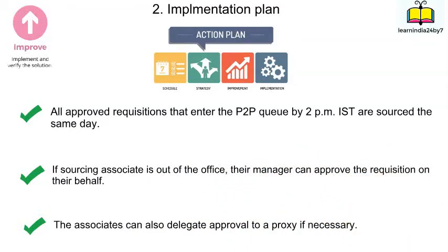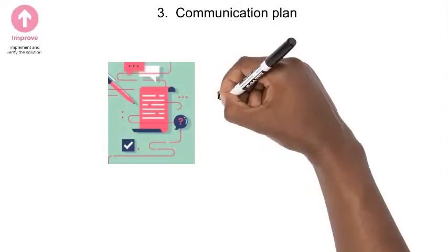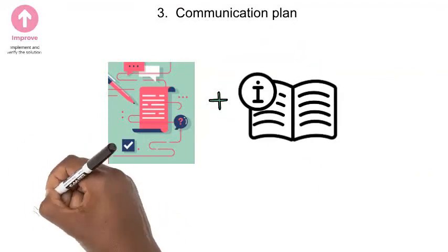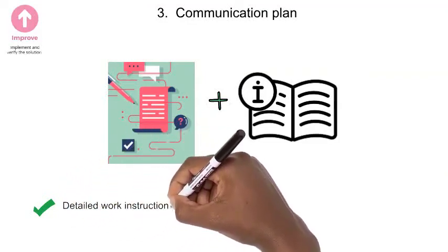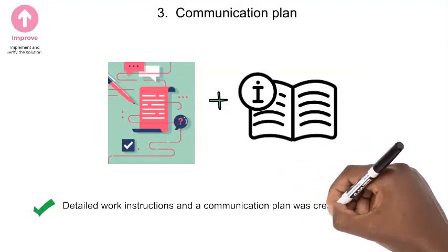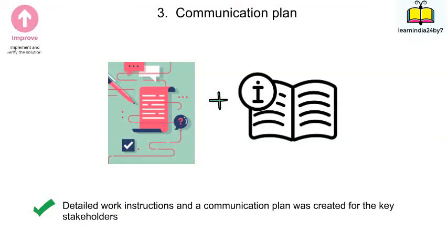Moreover, the associate can also delegate approval to a proxy if necessary. Further, the Six Sigma team created detailed work instructions and a communication plan and shared them with all key stakeholders.